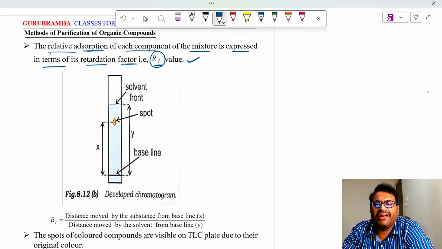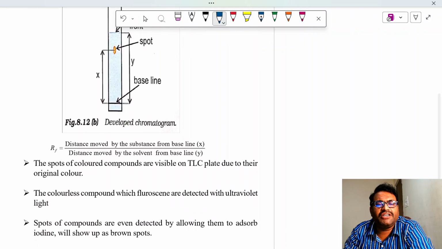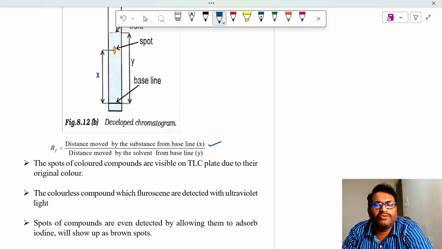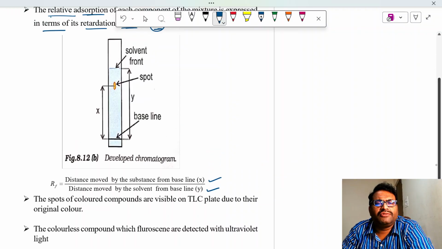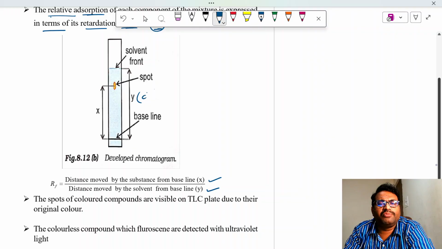So what is RF value? Here you can find it. It is the distance moved by the substance from the baseline divided by the distance moved by the solvent from the baseline. So what is Y? Y is the distance moved by the solvent from the baseline.